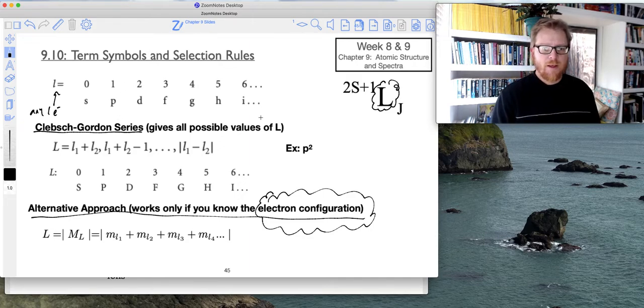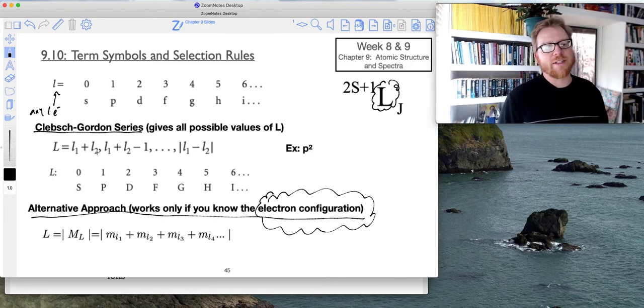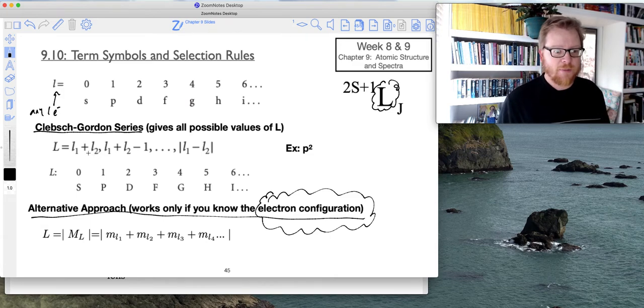Okay? The total L value, the capital L, the main term, is given by the Clebsch-Gordan series, which gives all possible values of L. And that goes as l1 plus l2, or plus l3 plus l4, etc., if we had more electrons. And then that goes all the way down to the absolute value of l1 minus l2, with possibilities of L plus 1, L plus 2 minus 1, and so on.